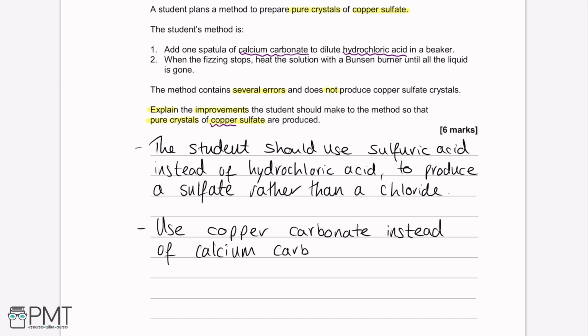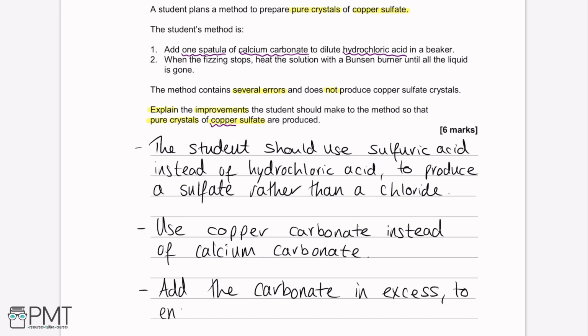Looking back now at that same step on the method, the student said to add 1 spatula of calcium carbonate. Well, really, the student should have added that carbonate in excess to ensure that all of the acid fully reacts. Now, if we have added an excess of solid, that excess of carbonate, we now need to use a process to remove that excess solid.